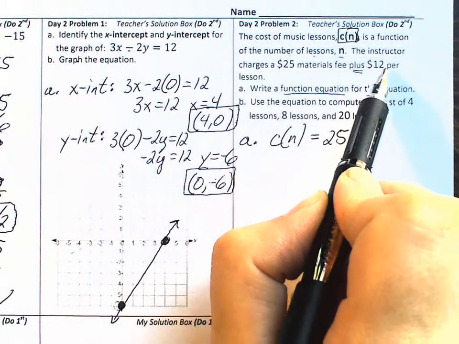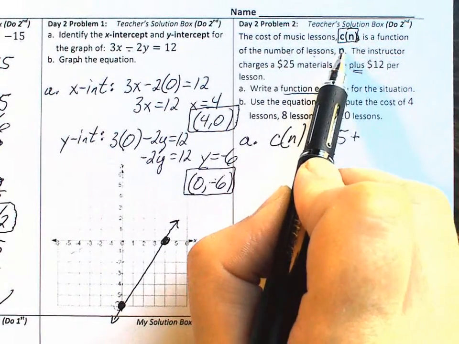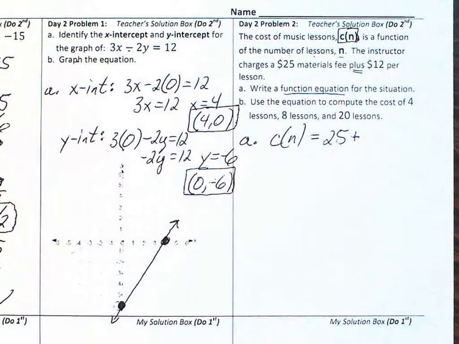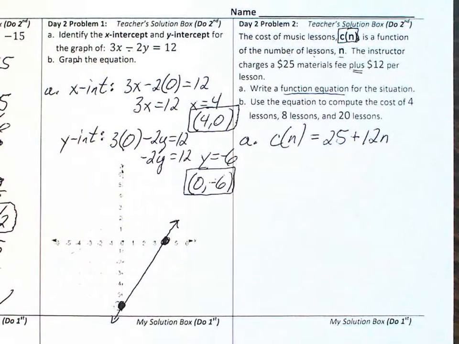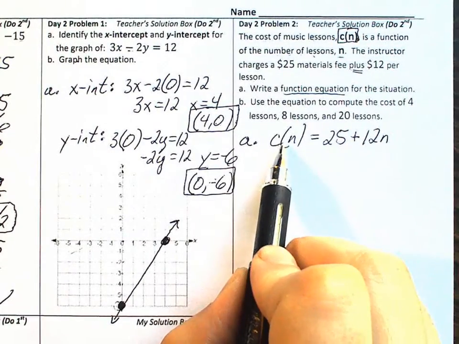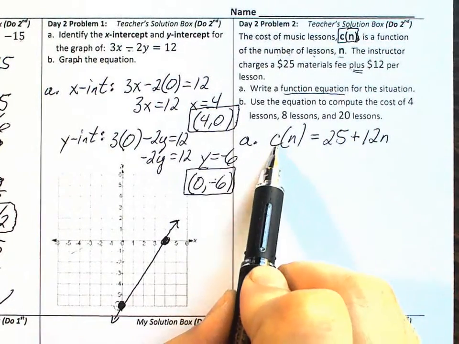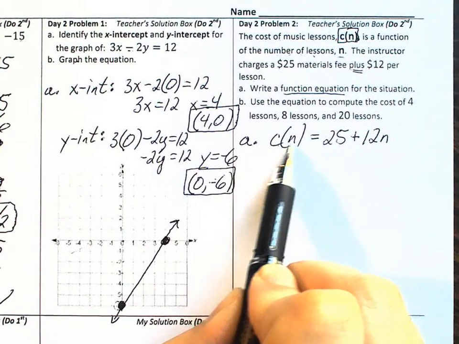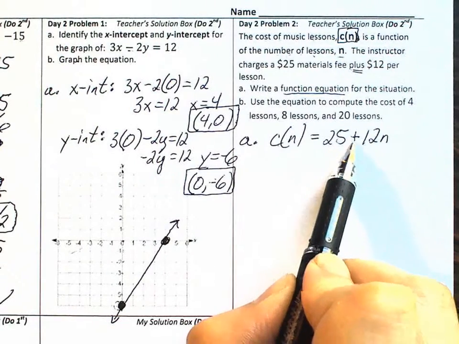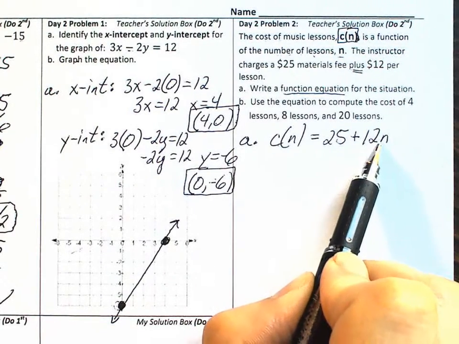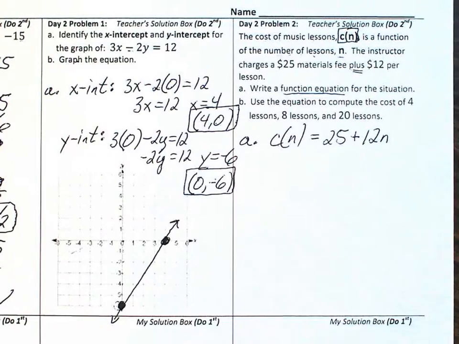So if it costs $12 per lesson and we use the letter n to be the number of lessons, in symbols that can be written as 12n. And so here is our function equation. This means the cost of music lessons is equal to $25 plus 12 times the number of lessons.